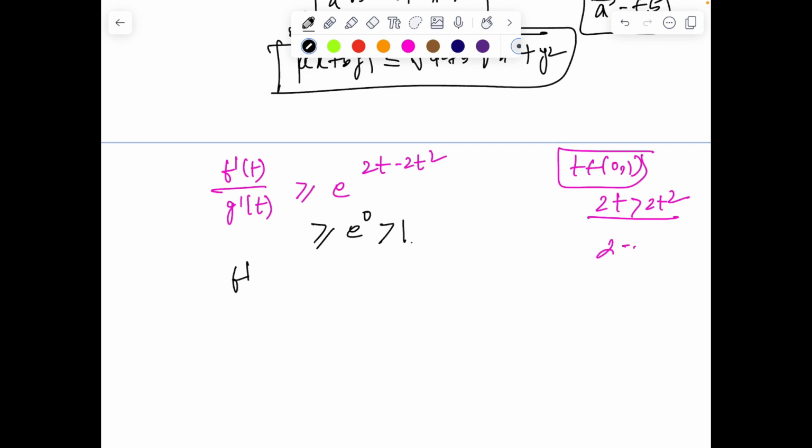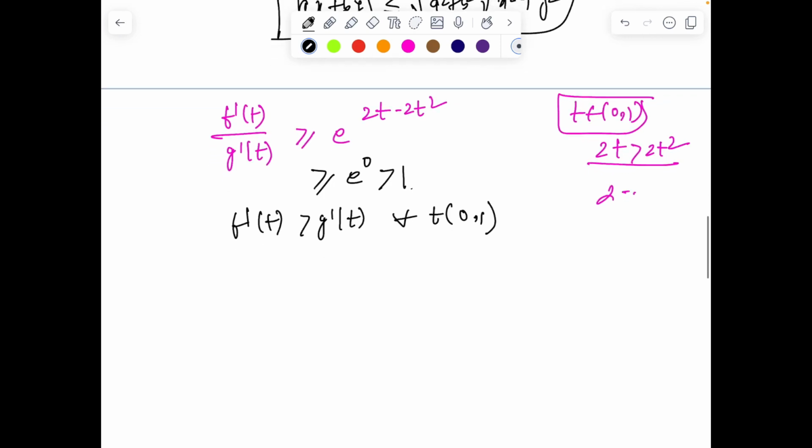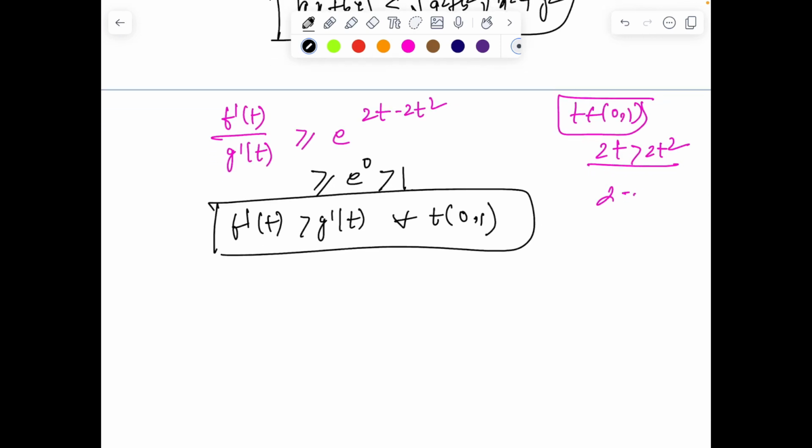So now from here we concluded f dash t is greater than g dash t for all t belonging to 0 to 1. It means function f is growing faster than function g, right? And both are increasing, and we stated the fact that f(0) is 0, g(0) is 0, and I know the slope of function f(t) is always more than the slope g dash t.